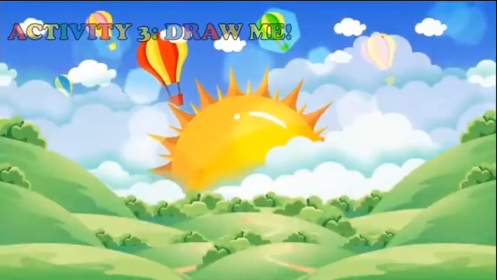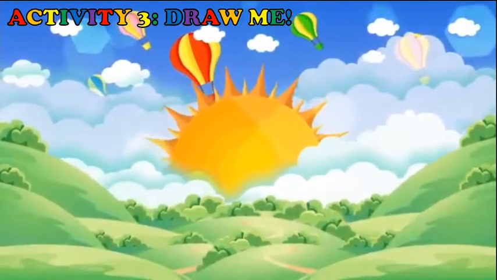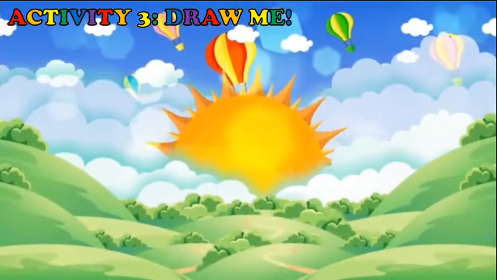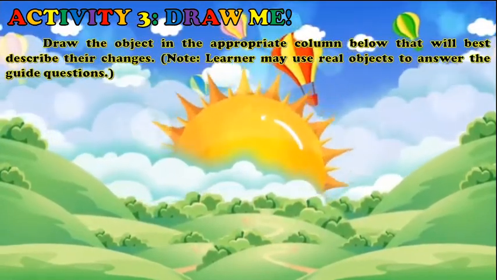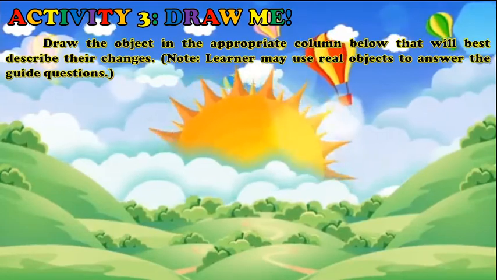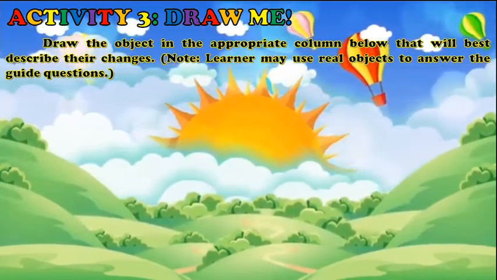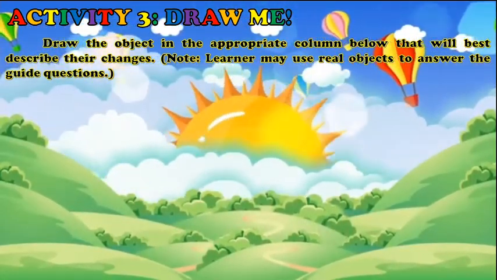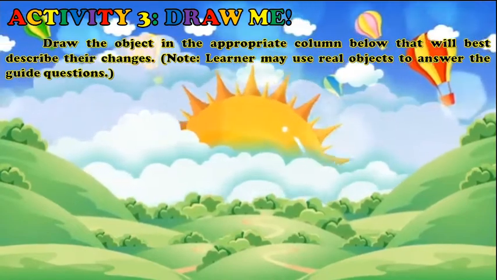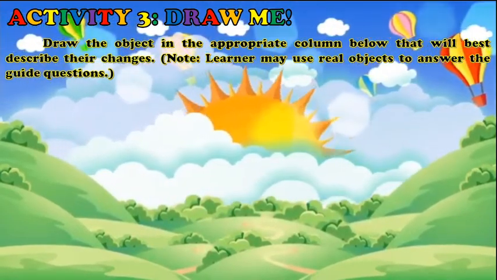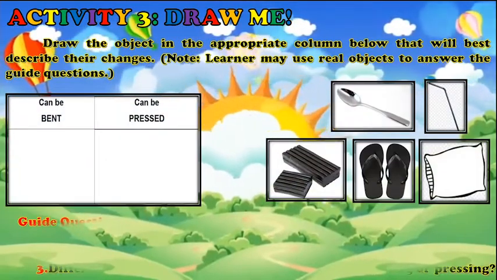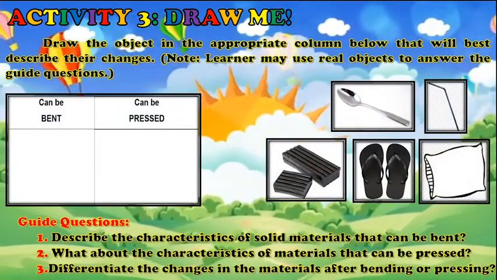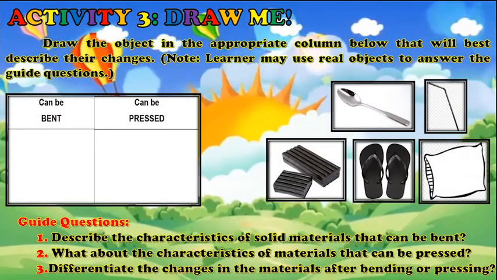Page 6 of your module, you will find the activity 3 entitled Draw Me. What you are going to do is to draw the object in the appropriate column below that will best describe their changes when bending and pressing are applied. You may use real objects to answer the guide questions that can be found on page 7 of your module.